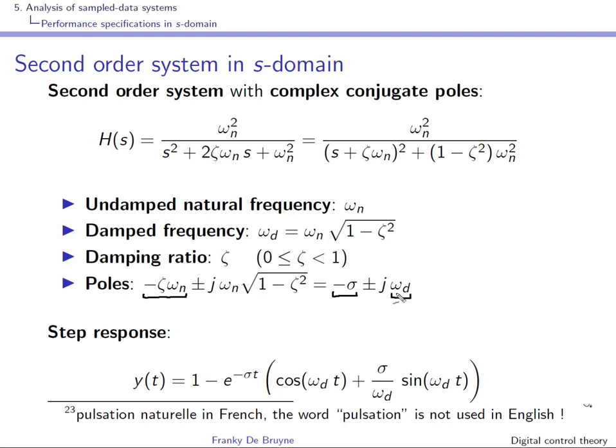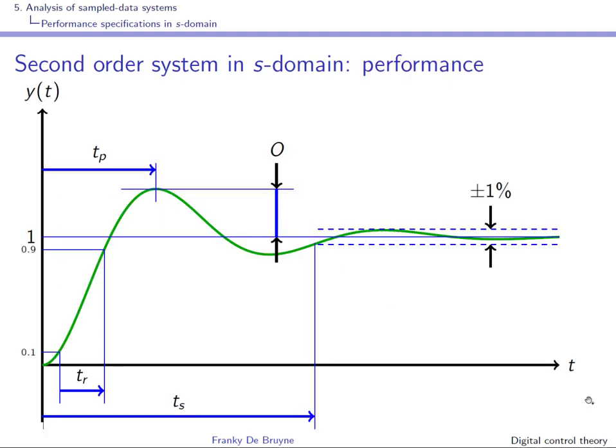Well, if you use this expression that we obtain from the step response and you use it, for instance, in MATLAB Simulink, you can obtain a typical step response of this second order system with complex poles, and it's given here in green, and we'll use it to define a number of quantities that will be important in this course.